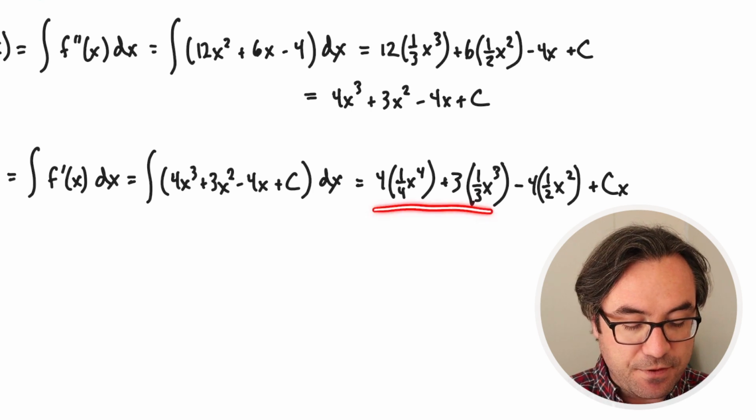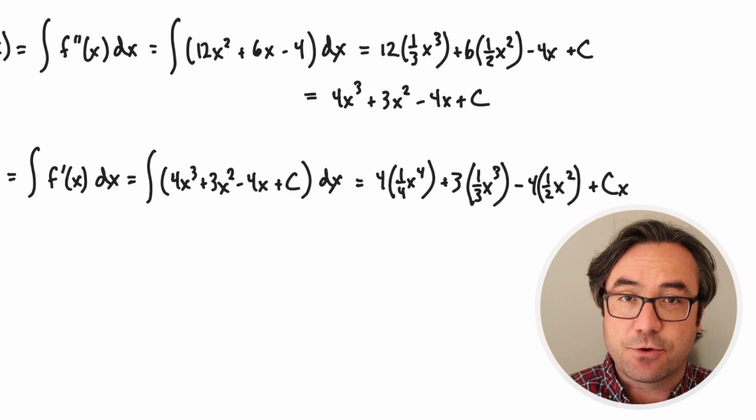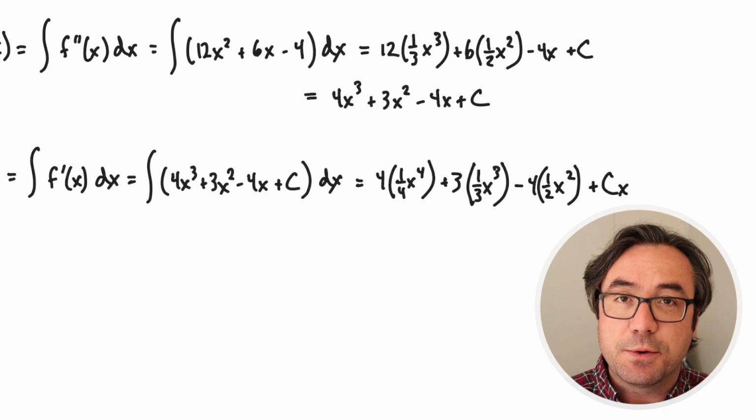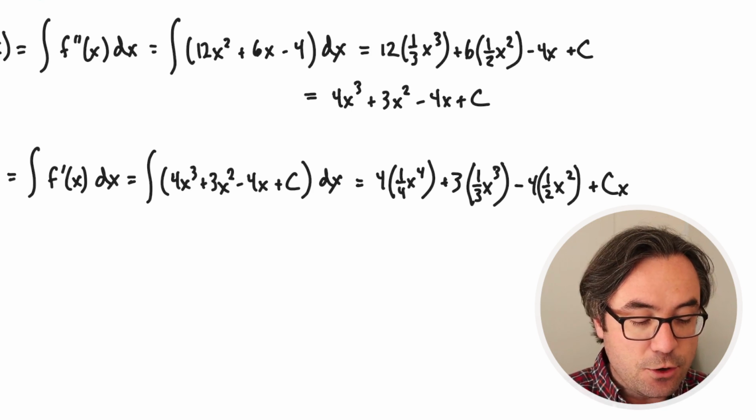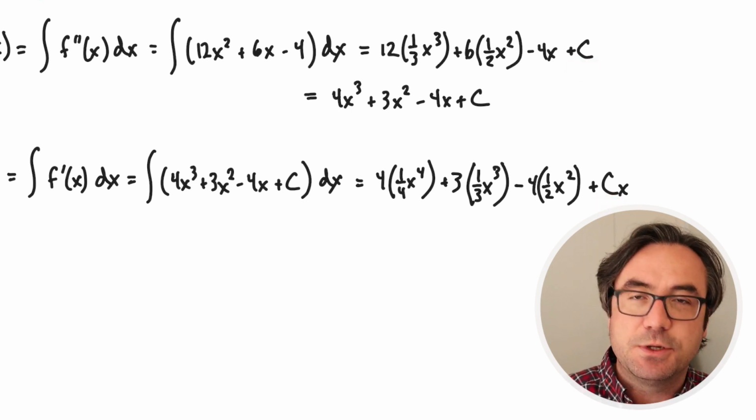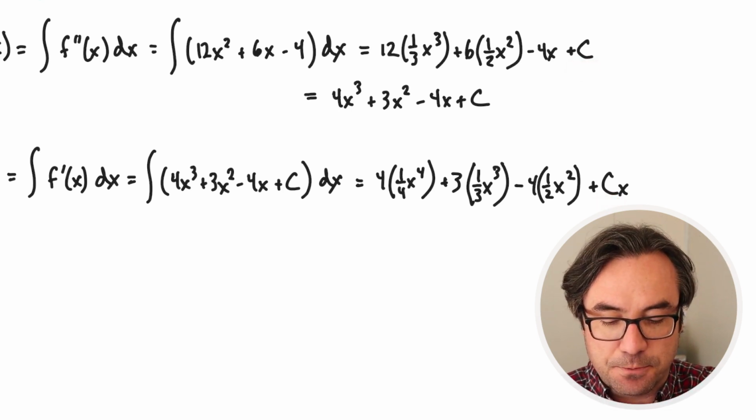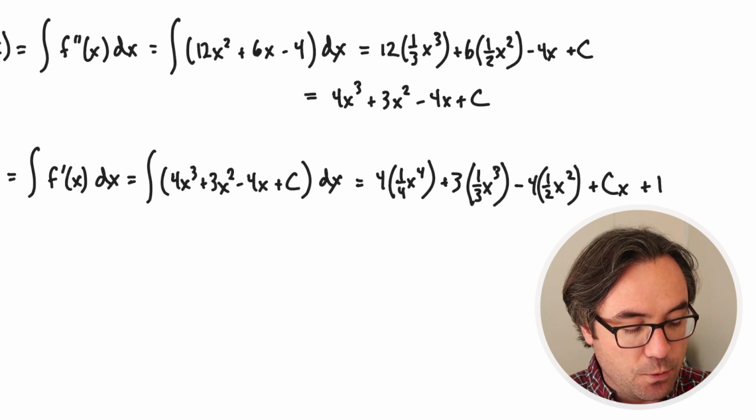Whenever we find a general antiderivative like this, we always throw on an extra constant at the end. Normally we use plus c, but we've already used plus c in our work here, so now we just need to come up with some other letter. Plus d might be a good one.